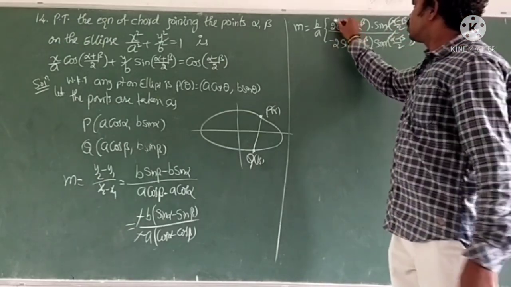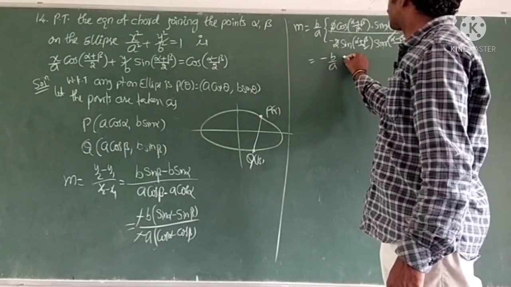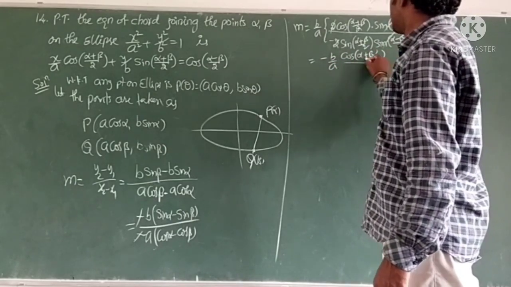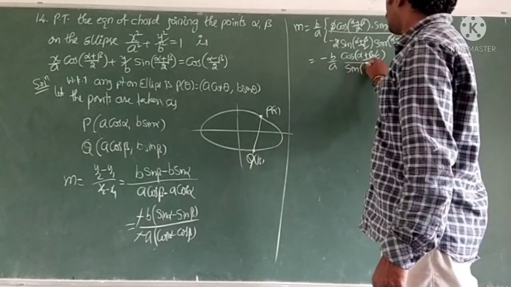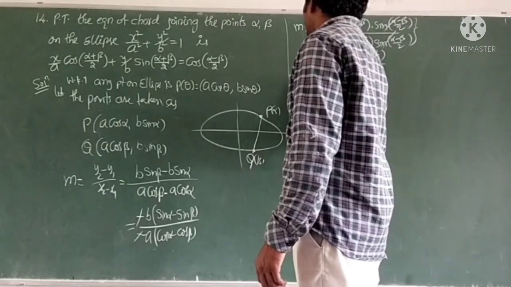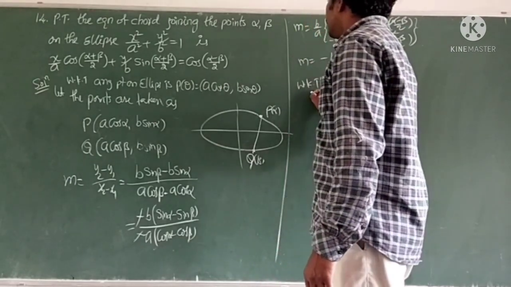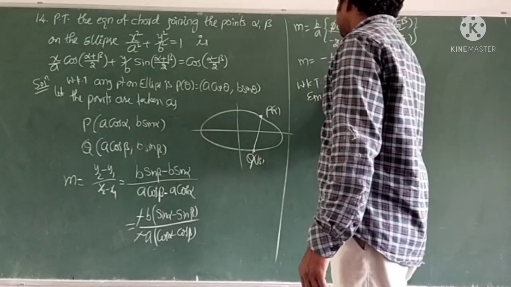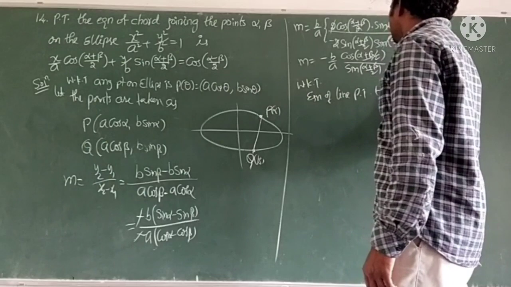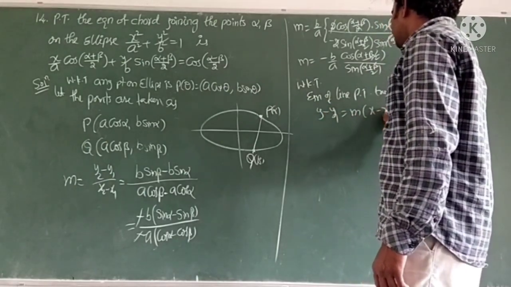Both terms cancel, 2 also cancels, so we get minus b by a, cos of alpha plus beta by 2 by sin of alpha plus beta by 2. This is the slope. Now we know the equation of a line passing through 2 points is y minus y1 equal to m into x minus x1.